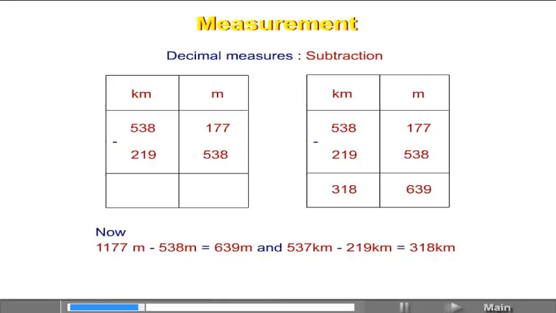Hence, the answer is 318 kilometers. Therefore, 538 kilometers 177 meters minus 219 kilometers 538 meters is equal to 318 kilometers 639 meters.